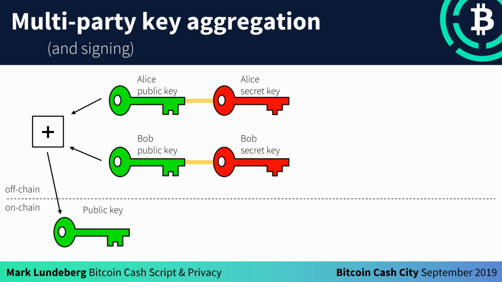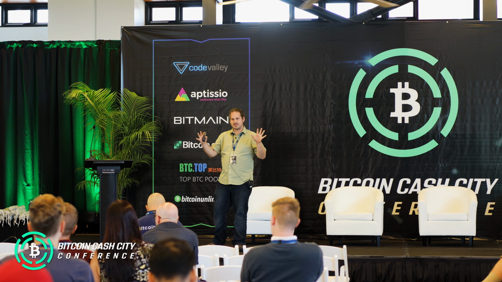And it is possible. Alice can have her public key, Bob can have his public key, and they just combine them together using an operation, just represented as addition to simplify it. It's almost that simple. And then they get a public key, and that's the public key they can tell to the world. But in private, they know that this public key belongs to both of them.